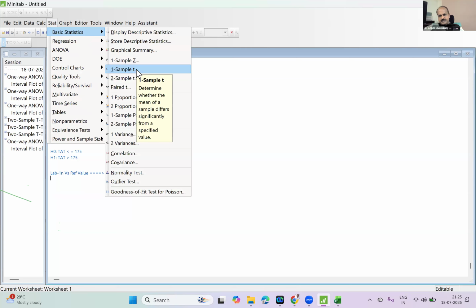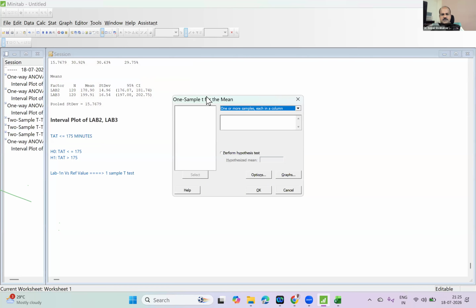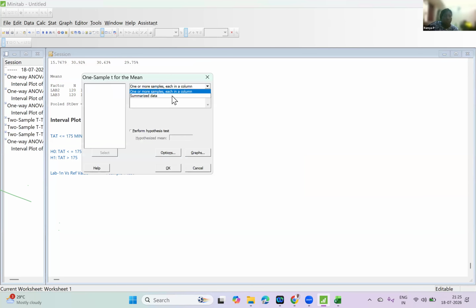The specified value is how much? 175. So you click that, this window will come. One or more samples in a column. Yes, we have the data in a column. Laboratory 1. Perform the hypothesis test. Hypothesized mean is how much? 175.